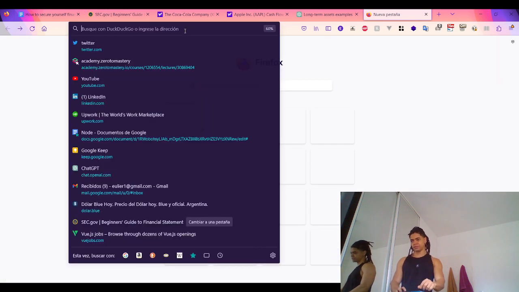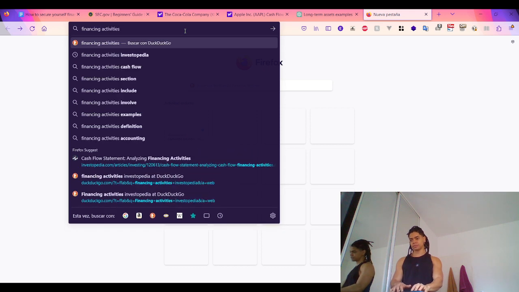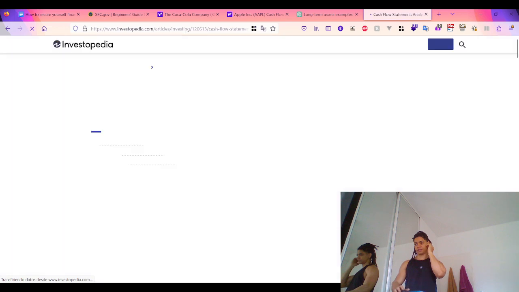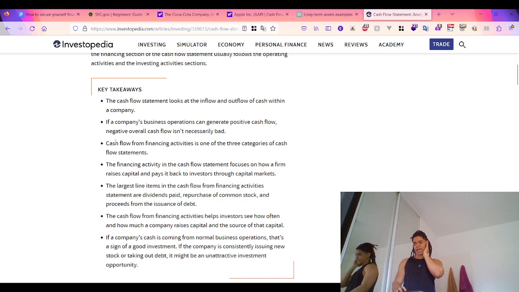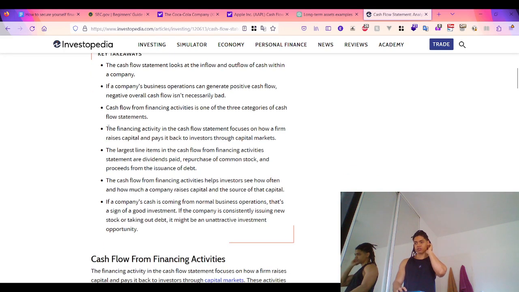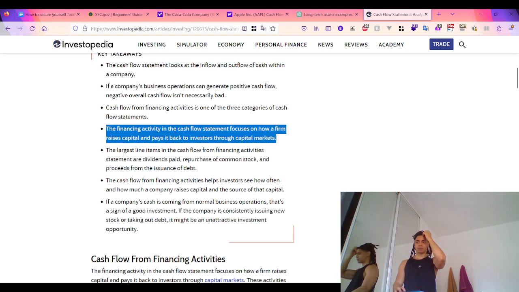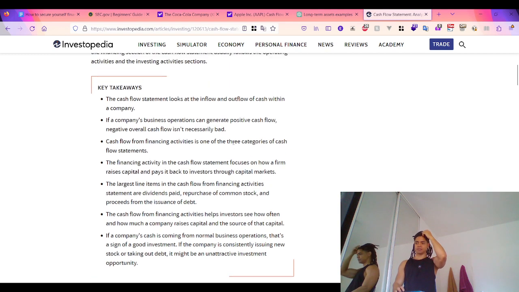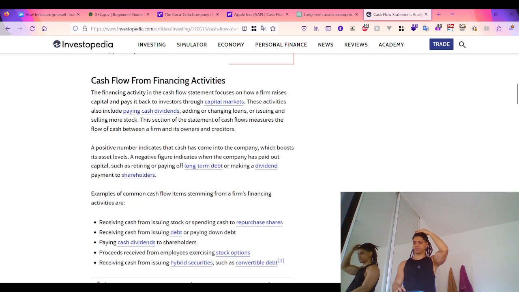Let me go back here and look at financing activities. Analyzing financing activities: the cash flow from financing activities in the cash flow statement focuses on how a firm raises capital and pays back investors through capital markets.